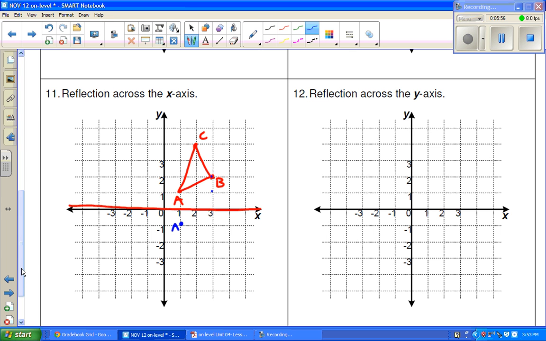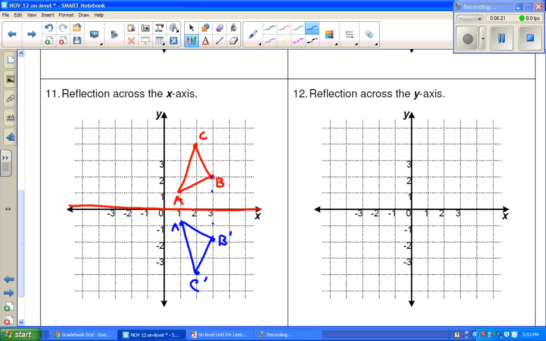Now we're going to go 2 points down from the x-axis for our B prime. C is 1, 2, 3, 4 units up from the x-axis, and to reflect it, we're going to go 1, 2, 3, 4 units down. And that's triangle A'B'C'.